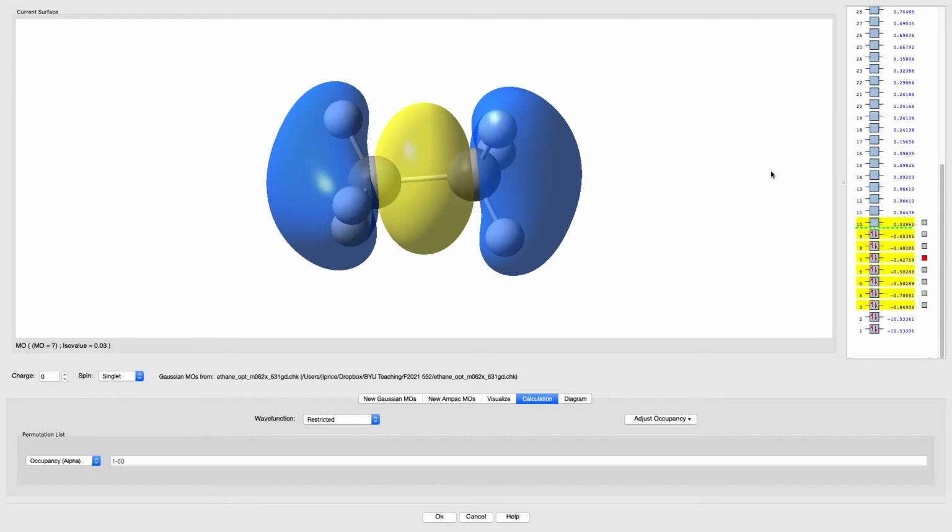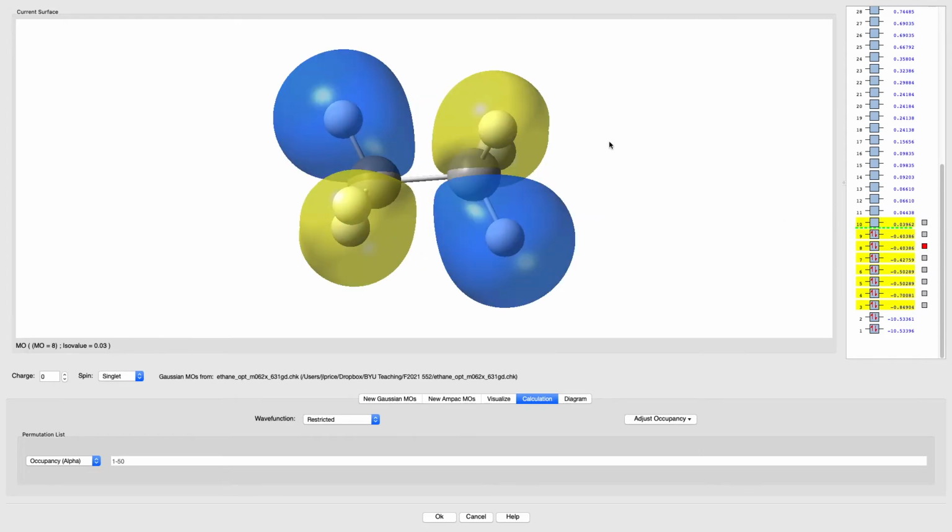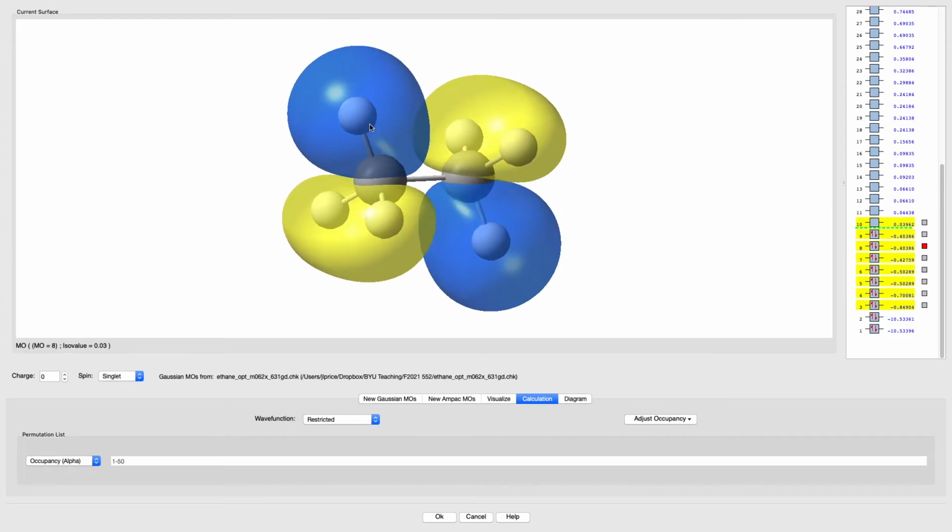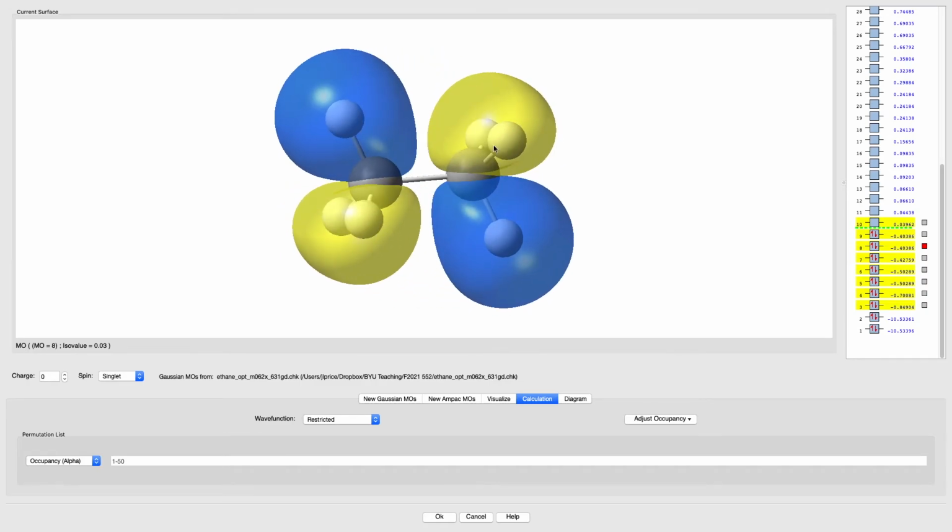Then the next highest ones are, this is one of the pi CH3s minus the other, that's out of phase. Hold on, why is that a bonding orbital? This green line over here represents the difference between a bonding orbital and an anti-bonding orbital.